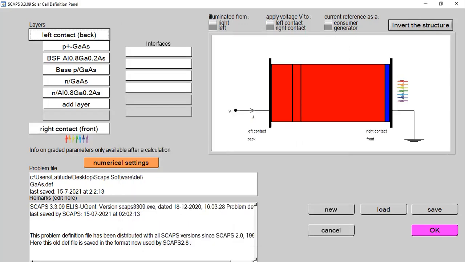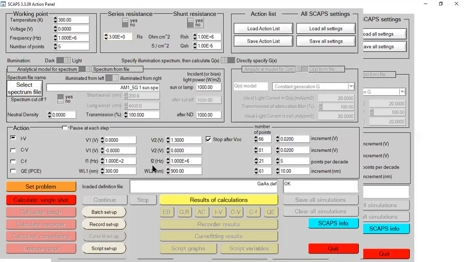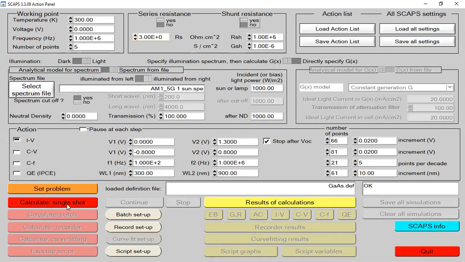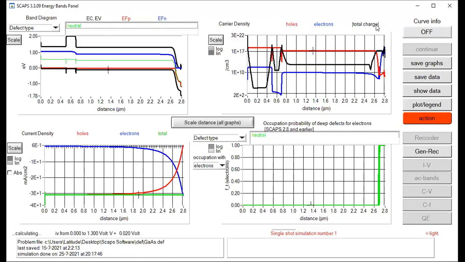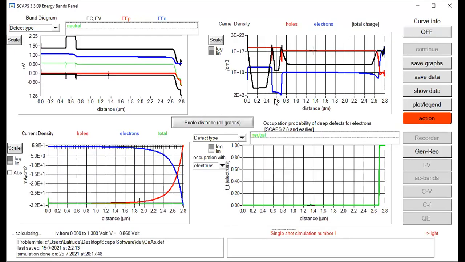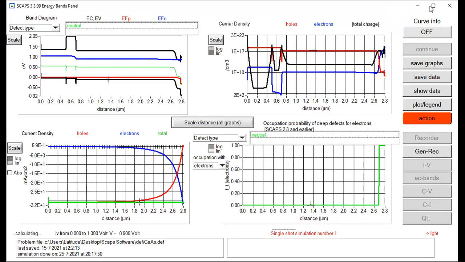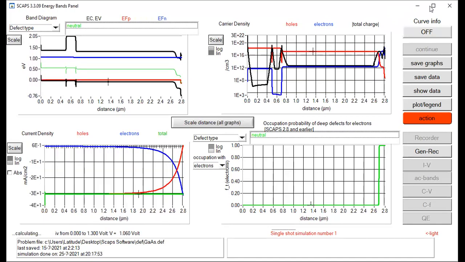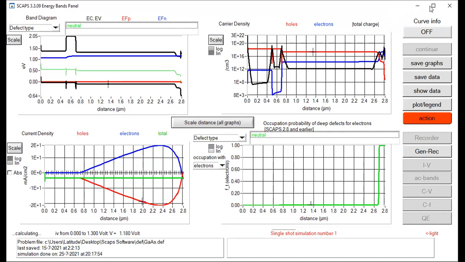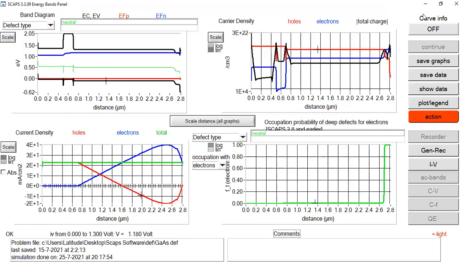Okay. And I'm going to simulate my structure. Just need to click on calculate single shot. Okay, definitely we are using a better metal contact as the work energy function.